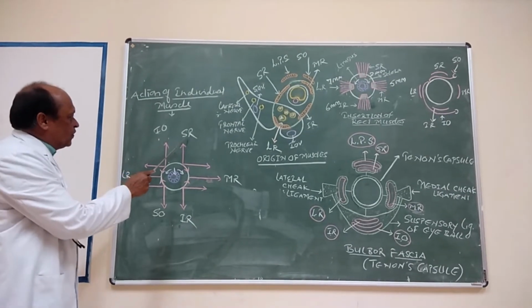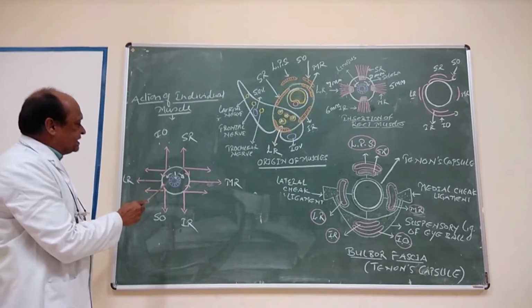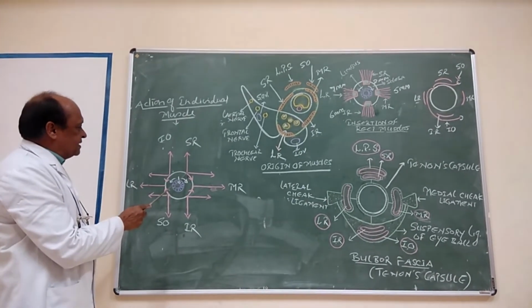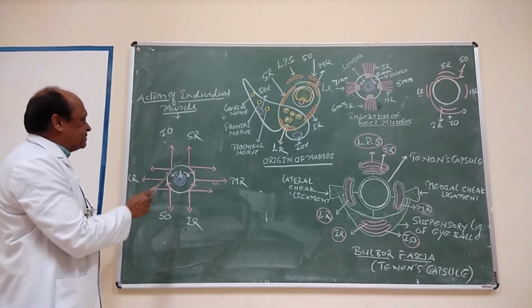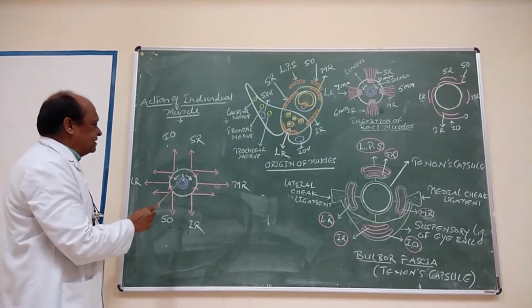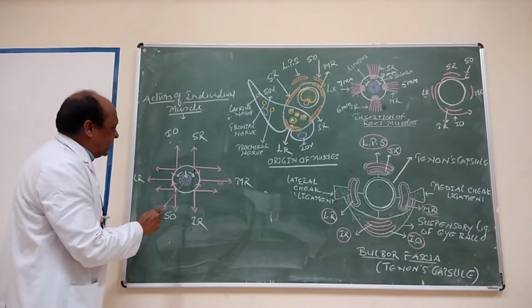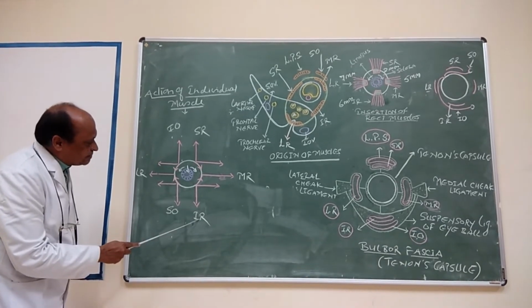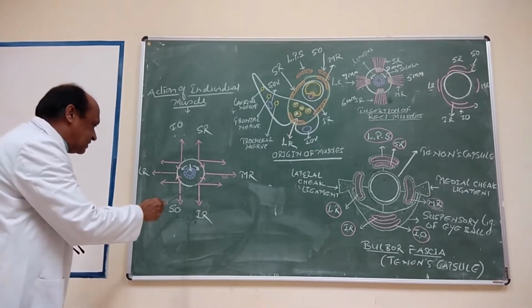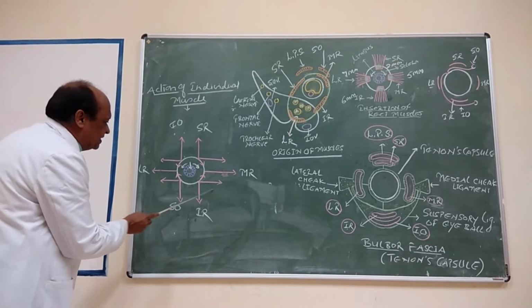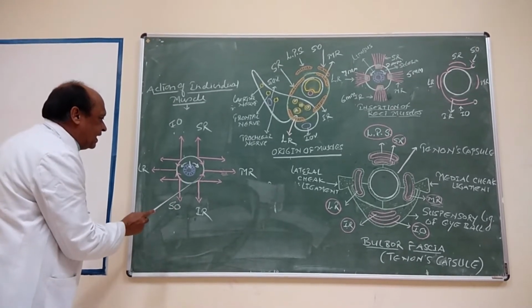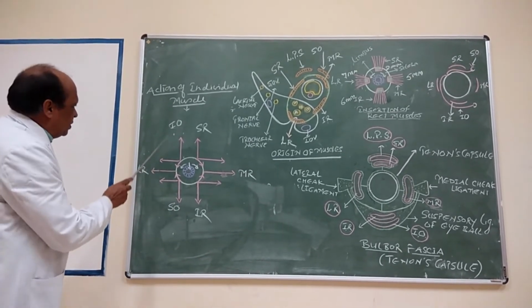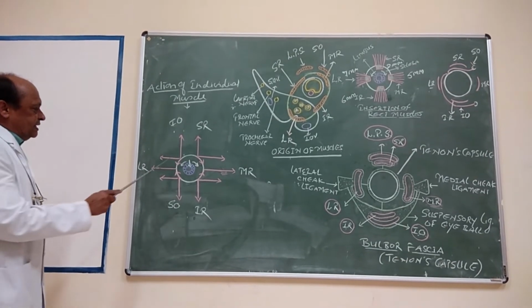The action of superior rectus muscle, as it is very obvious in this diagram, the superior rectus brings upward rotation, medial rotation and in-turn. If you look at the action of inferior rectus muscle, it is responsible for downward rotation of eyeball, medial rotation of eyeball and out-turn. Look at this inferior oblique muscle.